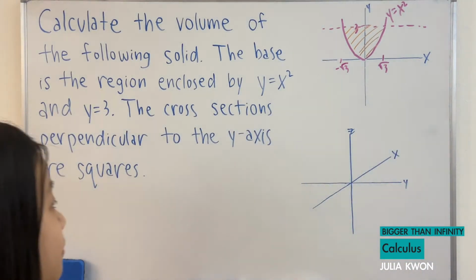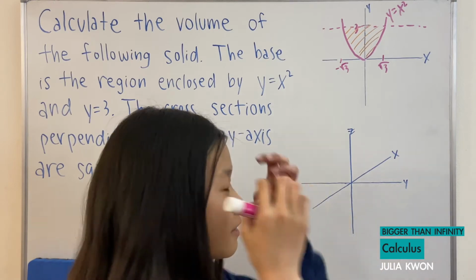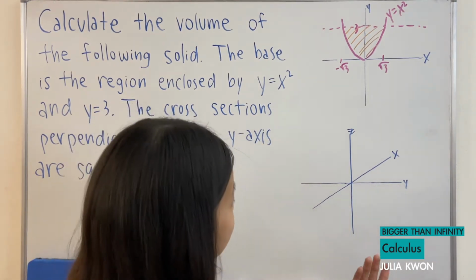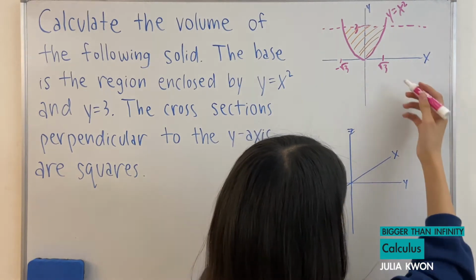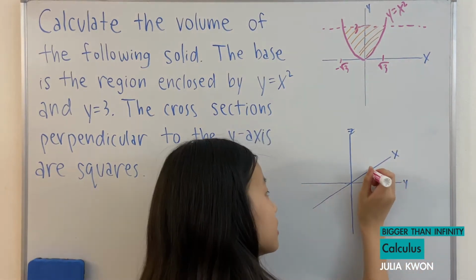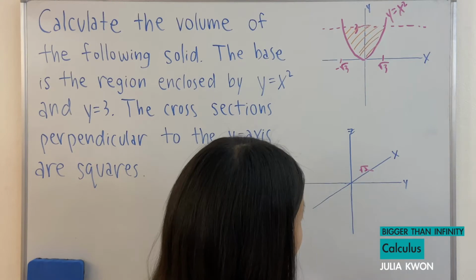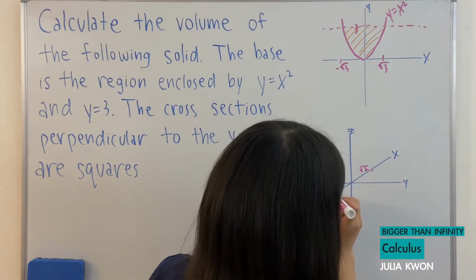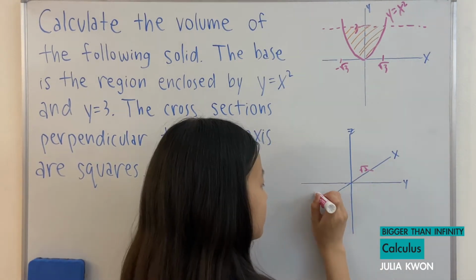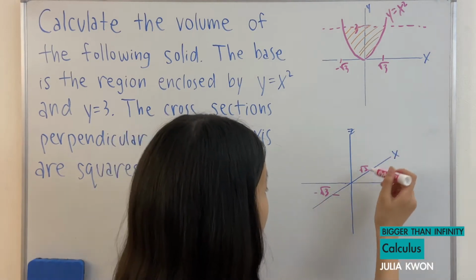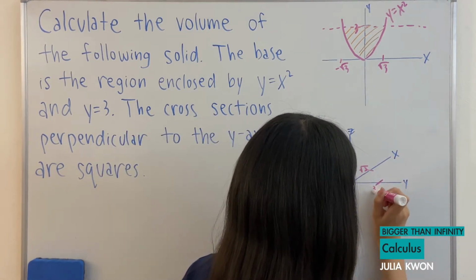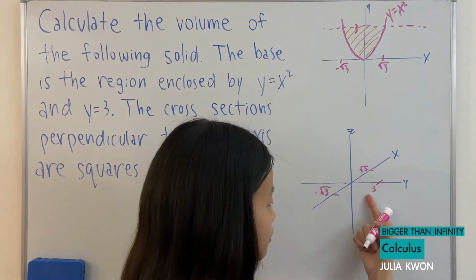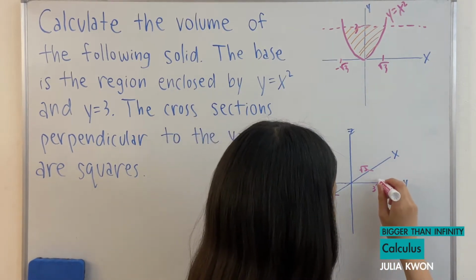Now I'm going to try to draw it in three dimensions. I'm not the best at it, but I'll give it a try. So x equals the square root of 3 would be here, and x equals negative square root of 3 would be here. So 3 would be here, y equals 3.